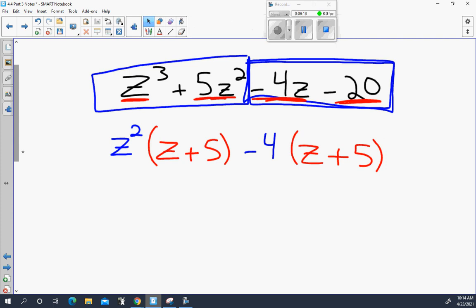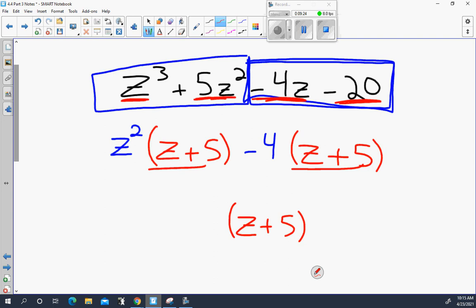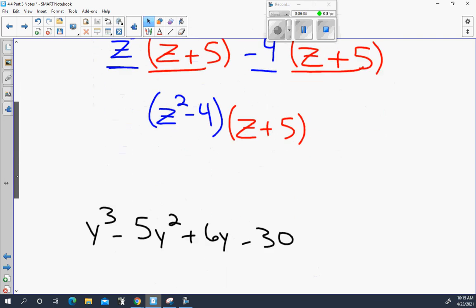Now, look what I have. I have 2 of the exact same thing. So we're going to write one of those down. Z plus 5. Okay. Now I'm going to take my blues, z squared minus 4, and put that in a different parenthesis. Okay. Now I factored those out.